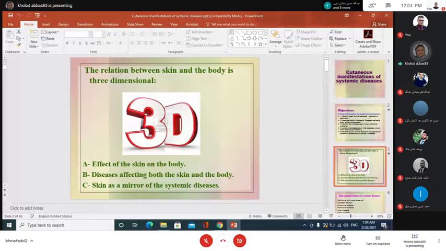First of all, there is an effect of skin on the body, for example, skin disease affecting the internal system. And we have diseases affecting both skin and body. And we have skin as a mirror of internal disease. Today we'll talk about this topic, skin as a mirror of internal diseases.